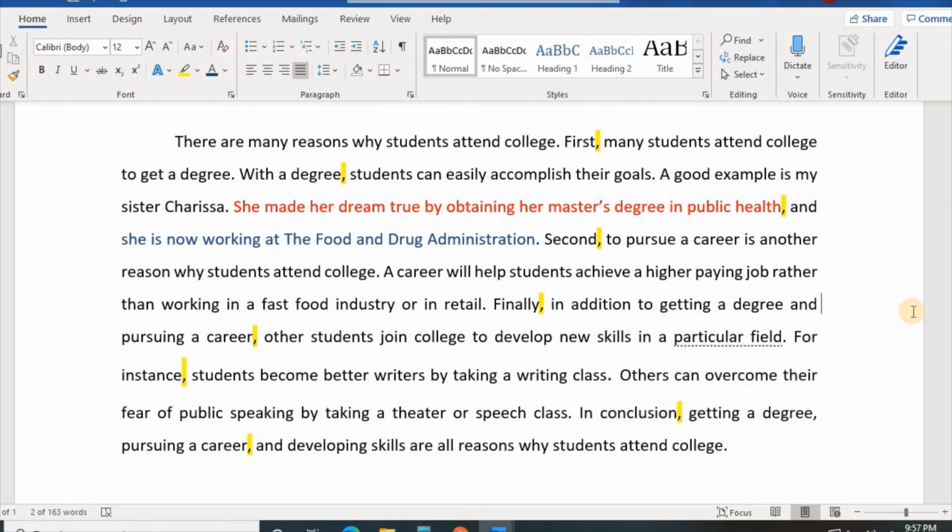We added a comma before and because it is joining two independent clauses. And finally, I added two commas because I have a list of items. These are just phrases. Getting a degree is the first phrase, pursuing a career is another one. These are actually gerund phrases. And developing skills is the third or the last phrase in this series of items.